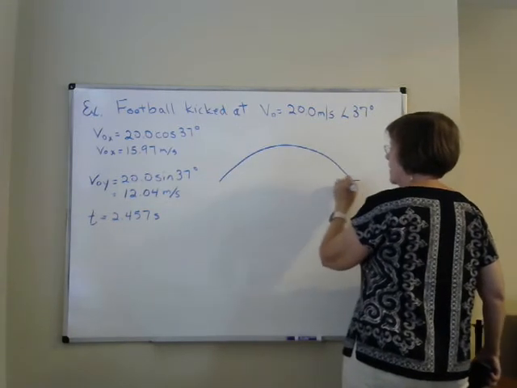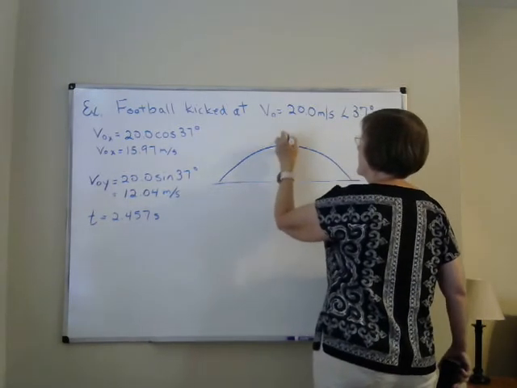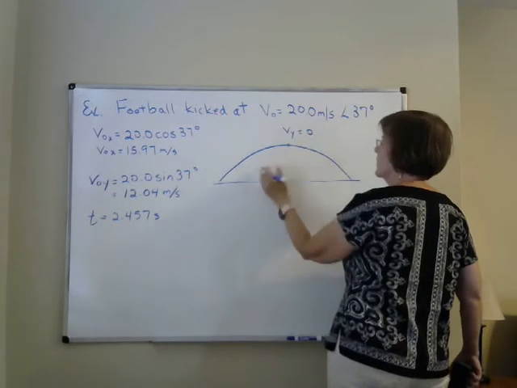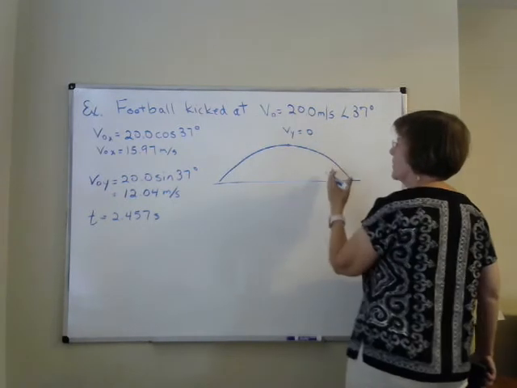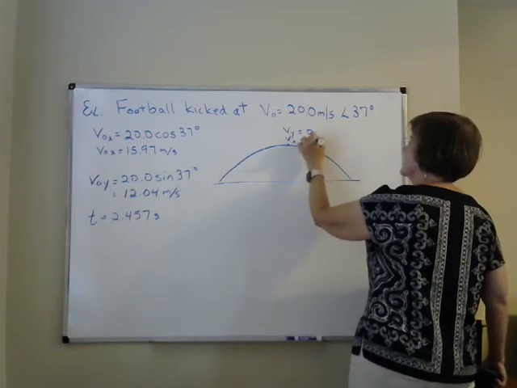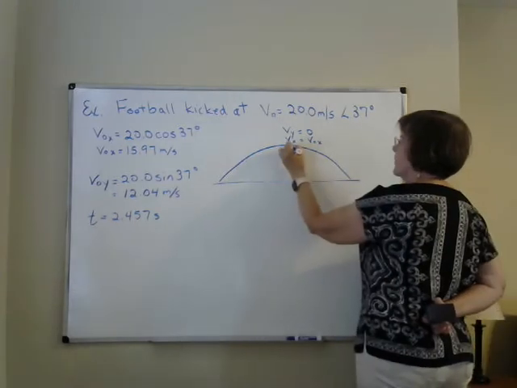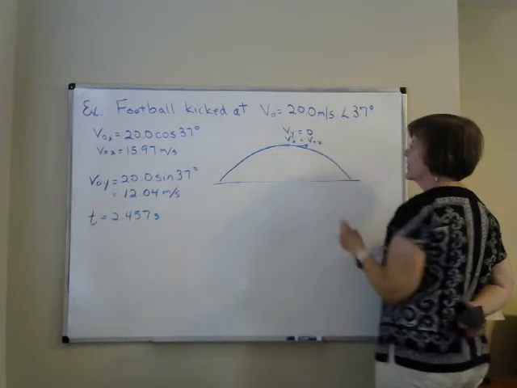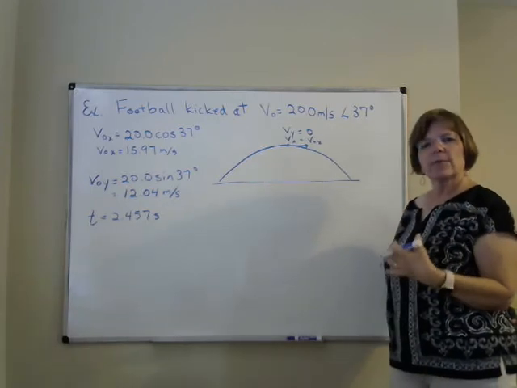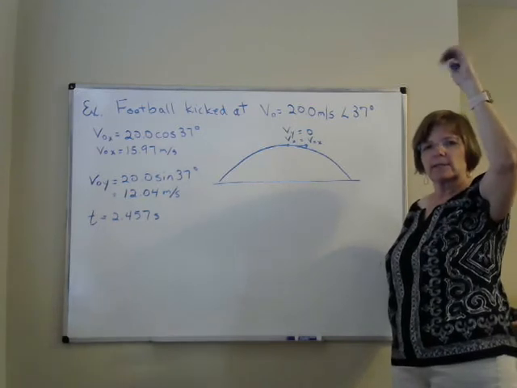At the very top, right here, the y velocity is 0 because it's going from rising to falling. Now the x velocity is still v0x. So it hasn't stopped. In fact, it's got a perfectly horizontal velocity right there. But at the very top of the path, the vertical velocity will be 0 because it's changing from rising to falling.